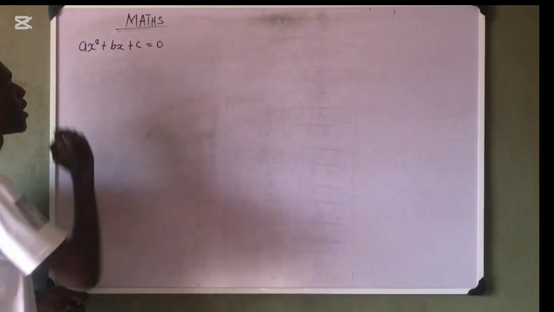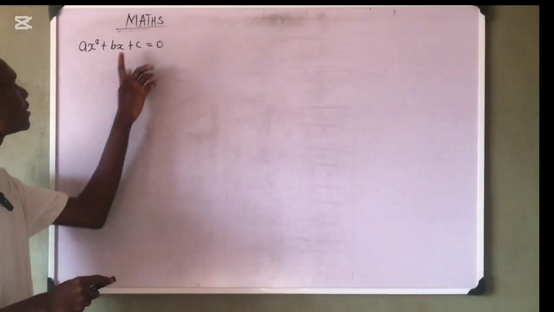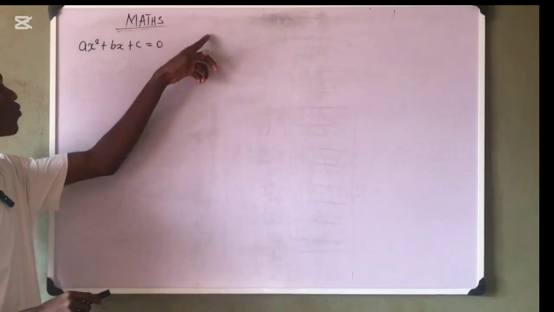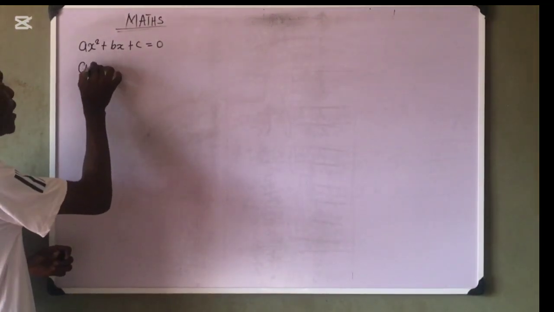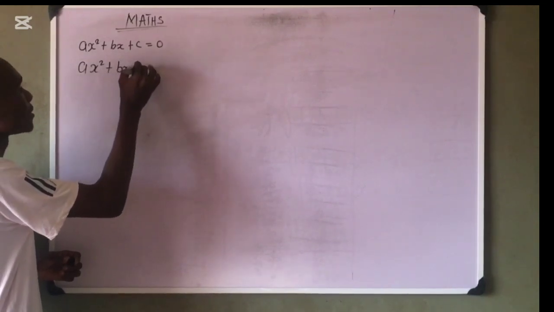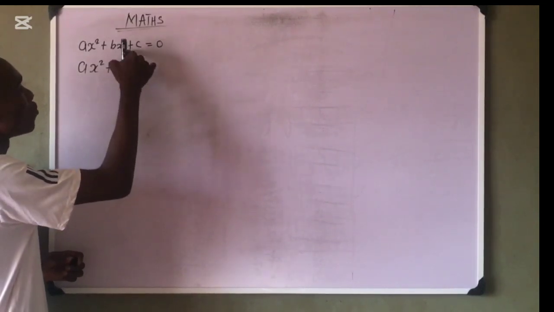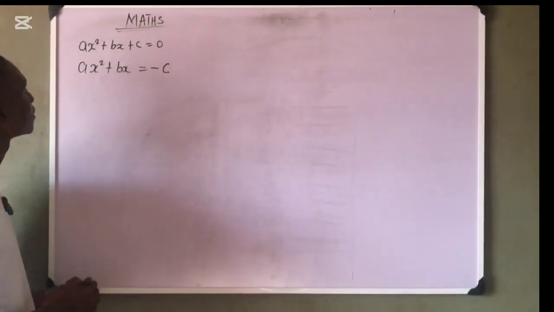First, I will collect like terms, which means letting the constant c cross the equality sign. In so doing, I will have ax squared plus bx equal to negative c.